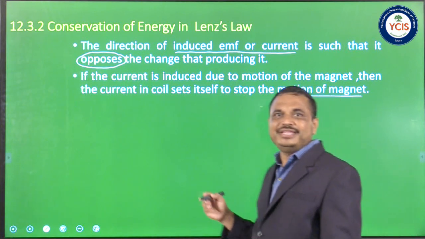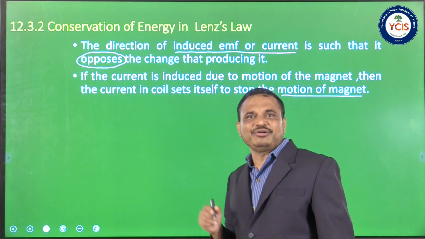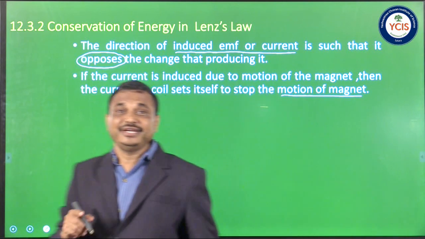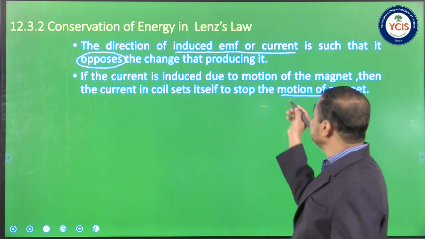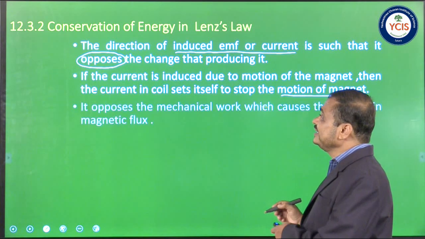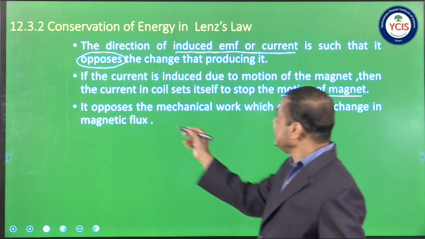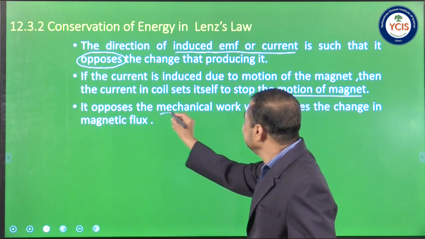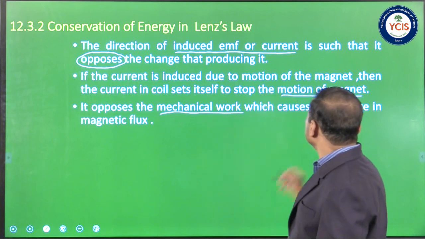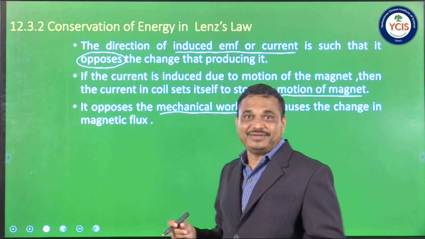We see that when there is relative motion between magnet and coil, EMF is induced in it, and this induced EMF or current opposes or stops the motion of that magnet. So it opposes the mechanical work which causes the change in magnetic flux.